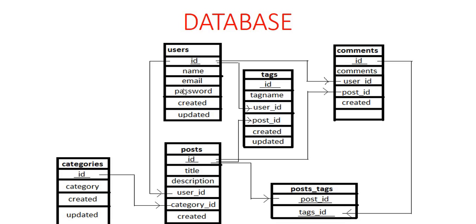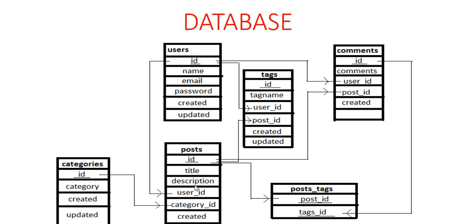See, users can create posts. That's why we need to have a user ID field inside our post table, because we want to know which user has created the particular post we are storing inside our post table. For that we need to keep a record of the user ID of the user who has created the post.